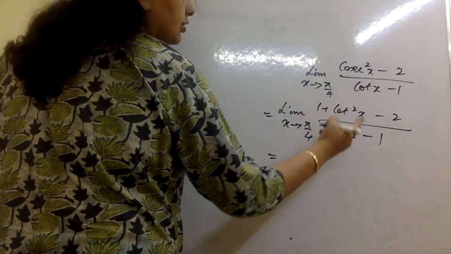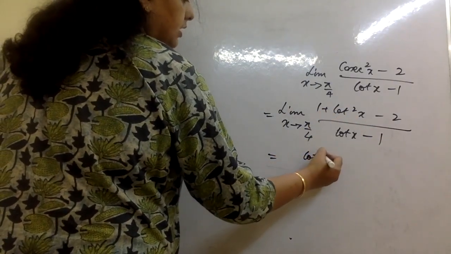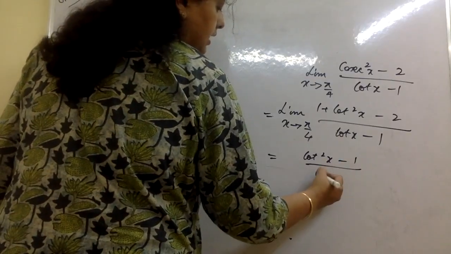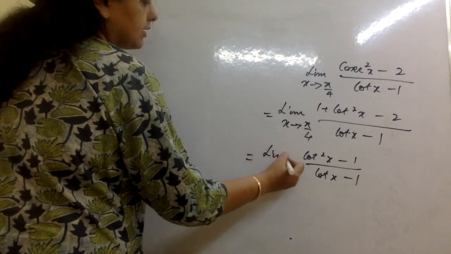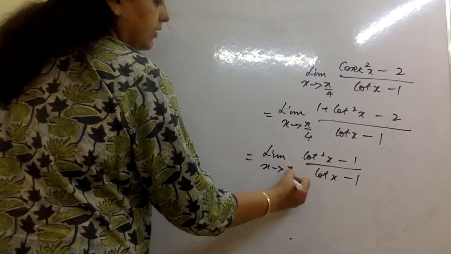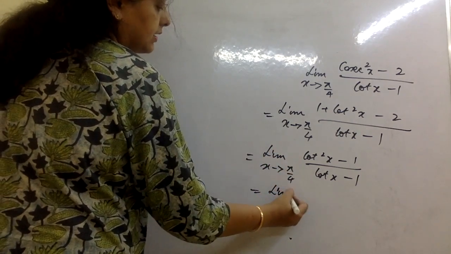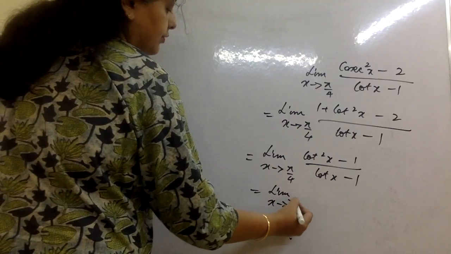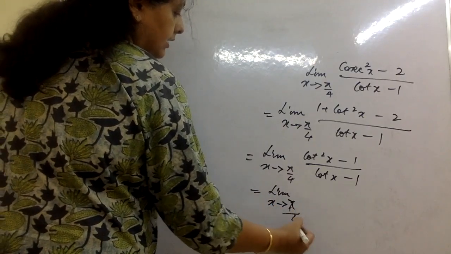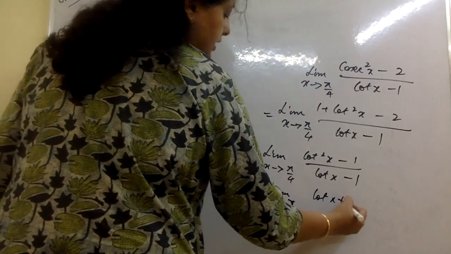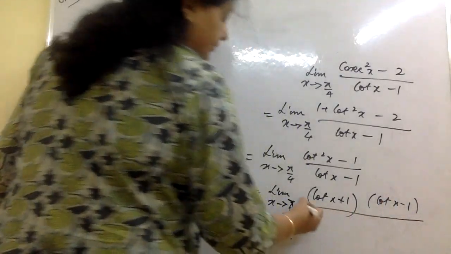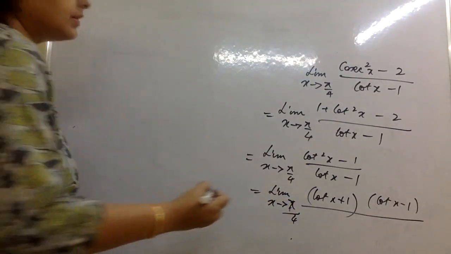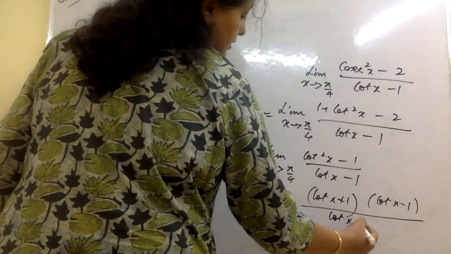This becomes cot square x minus 1 by cot x minus 1, which is limit x tends to pi by 4 of cot x plus 1 times cot x minus 1, over cot x minus 1.